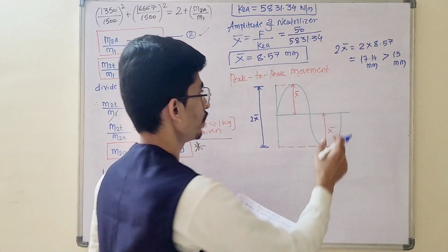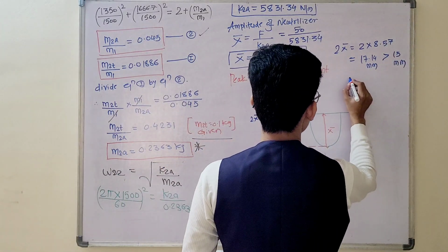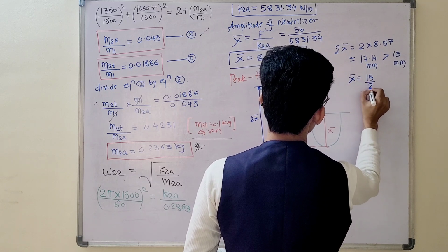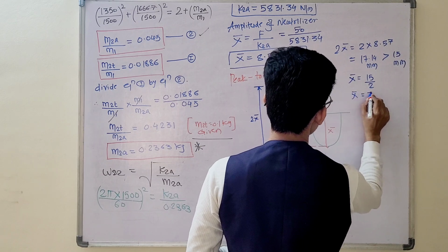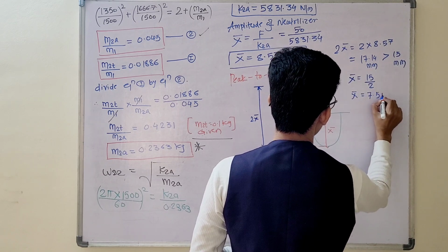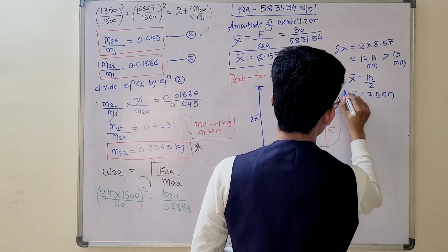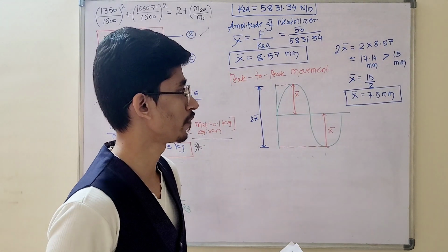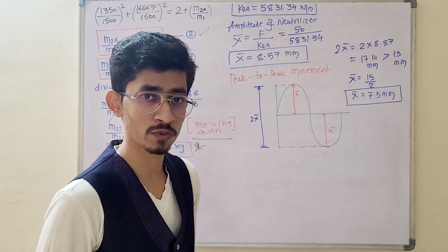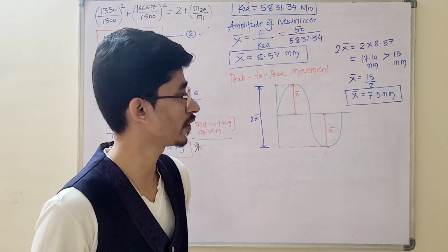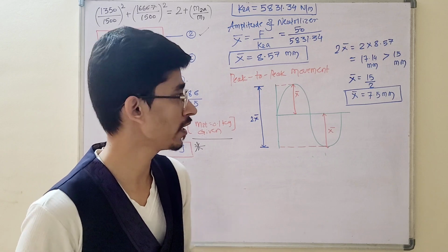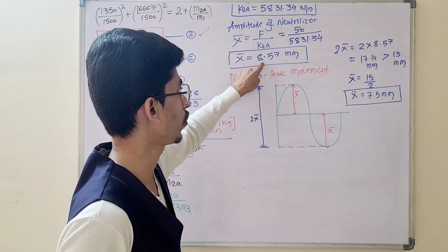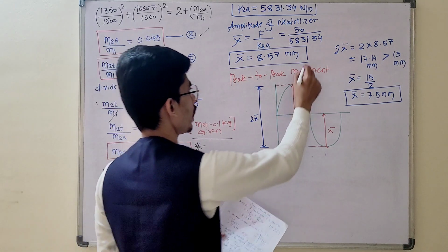I need the peak to peak amplitude 15, so x bar is 15 by 2, that is 7.5 mm. 2x bar is equal to 15, so x bar is equal to 15 by 2. Our amplitude, how much did we need? 7.5 mm. Previously the amplitude we found was 8.57. This is not an acceptable value.